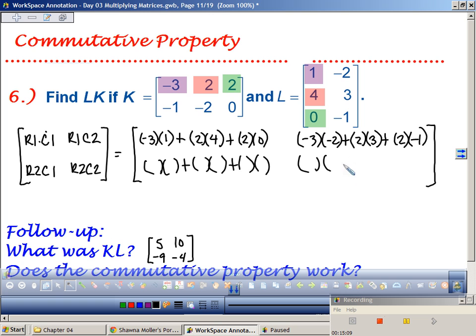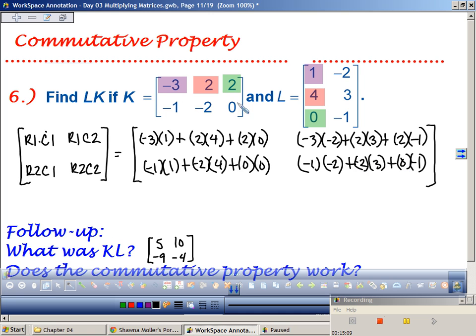Once you find the pattern, check this out. This is always going to match. 1, 4, 0, negative. See how the second part of the multiplication is the same? Then these would be the same as well. So this would be negative 1, negative 2, 0, negative 1, negative 2, and 0.